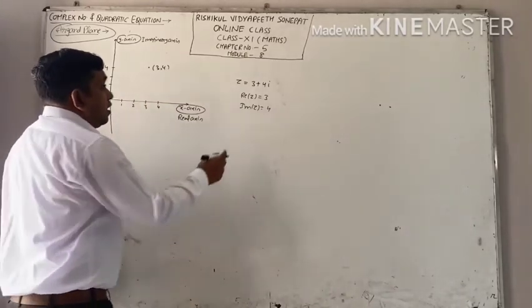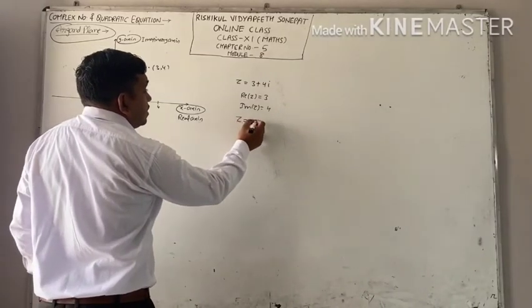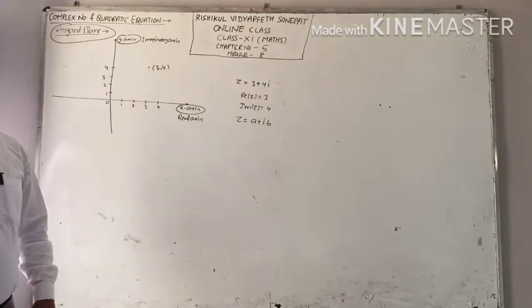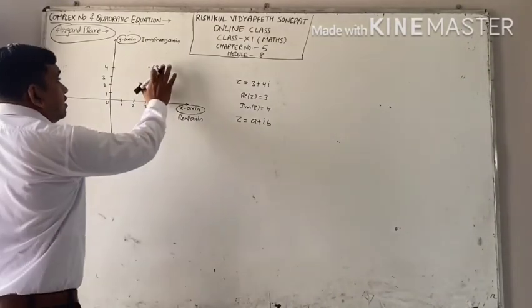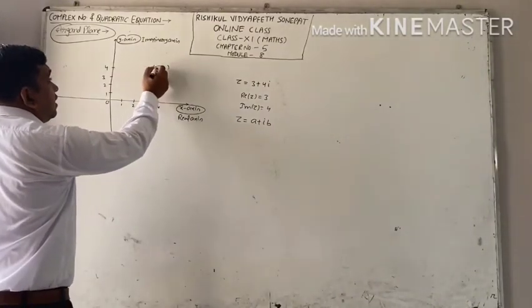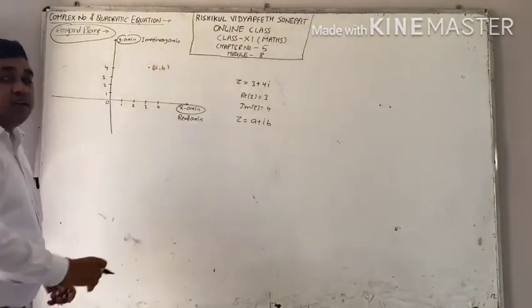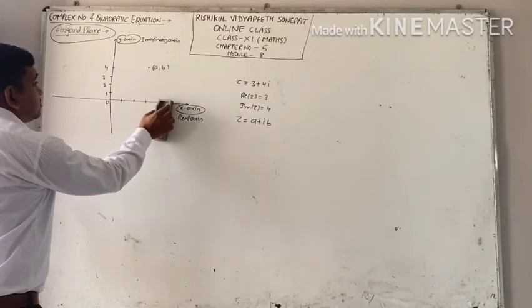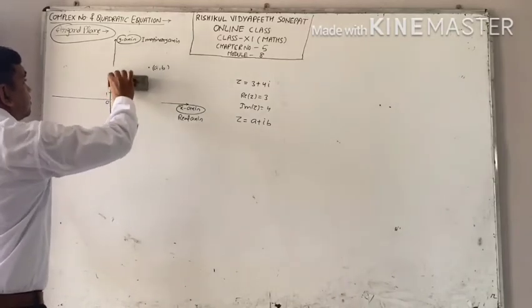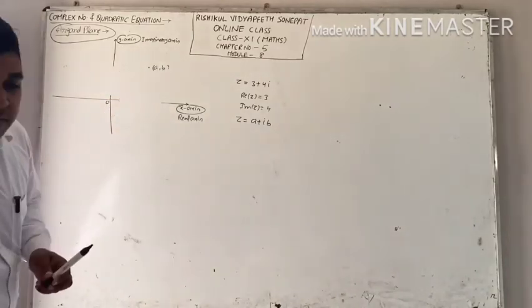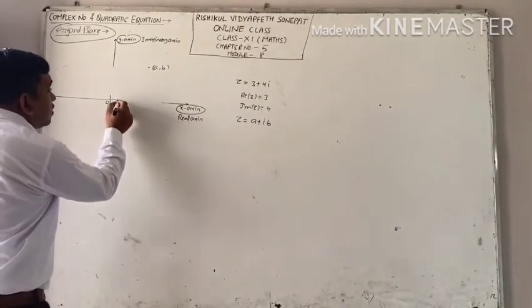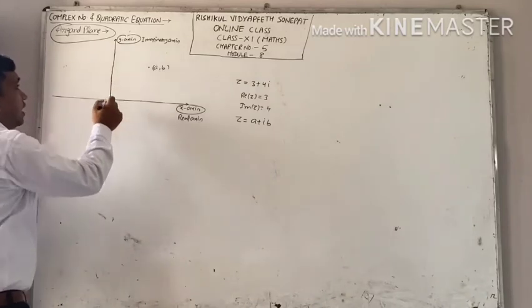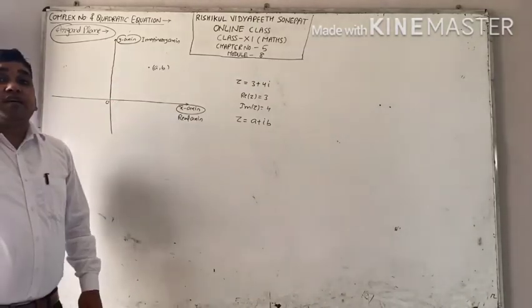Right? Now, suppose your complex number is a plus ib. Then it will become a and it will become b. a is your real part and b is your imaginary part.